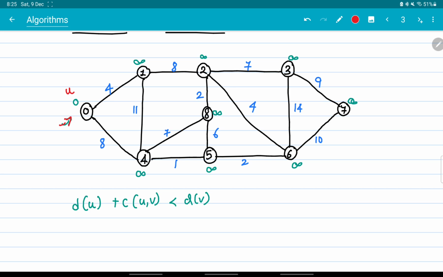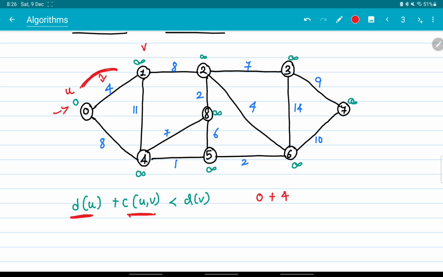Let me take node 1 and make it v. Now I first have to check the distance of u. The distance of u I have considered as 0. So I'll put 0 plus the cost of going from u to v. What is the cost of going from vertex 0 to vertex 1? That cost is 4.